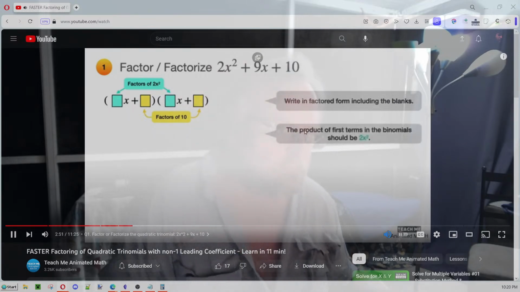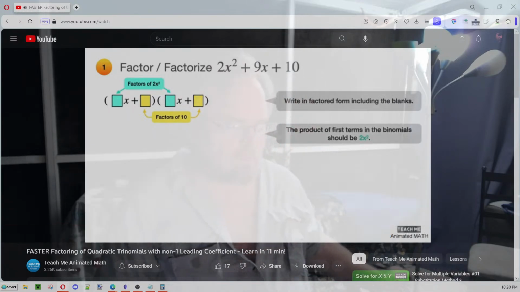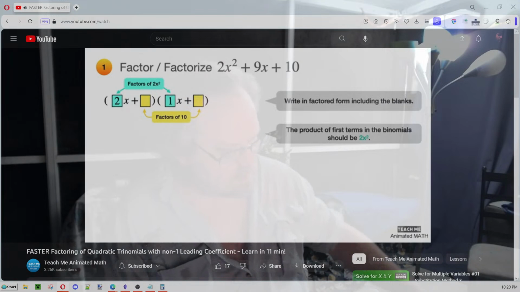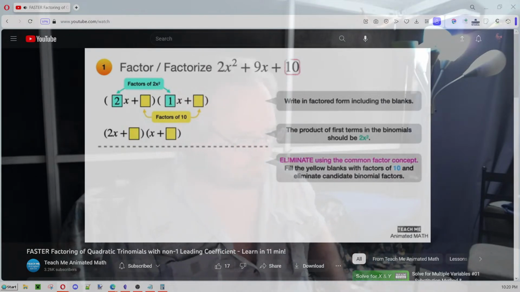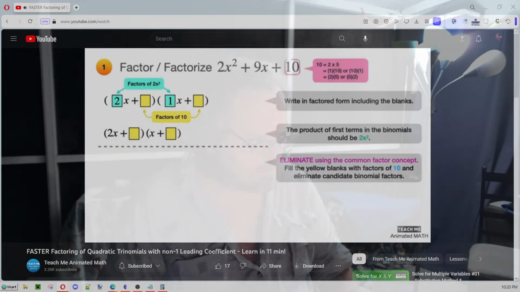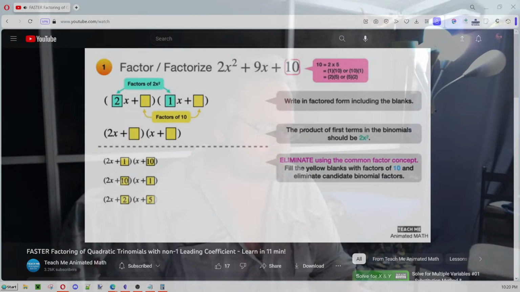The product of the first terms in the binomials should be equal to 2x squared. The factors for this are obviously limited to just 2x and x. So let's write it down. The factors of 10 can be broken down into these four combinations. Fill in all the combinations of the factors of 10 in the yellow boxes.